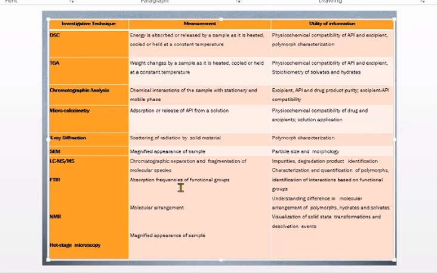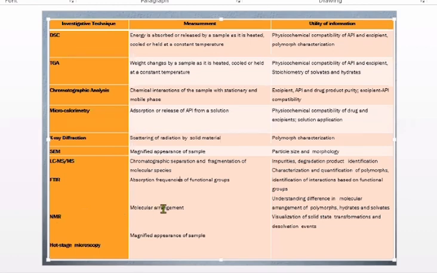If you look at, for example, FTIR, which is Fourier transform infrared spectroscopy, each compound has got a functional group, and each functional group has got specific absorption frequencies. And so the expectation is that even if you combine an active ingredient with an excipient, when you conduct an FTIR experiment, the spectrum you get will still be able to show the absorption frequencies of the drug. If they disappear or they shift, then you know that you are having incompatibilities.